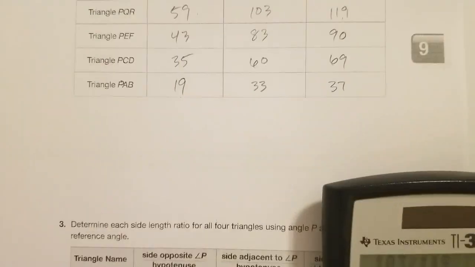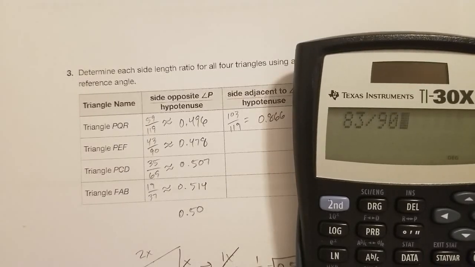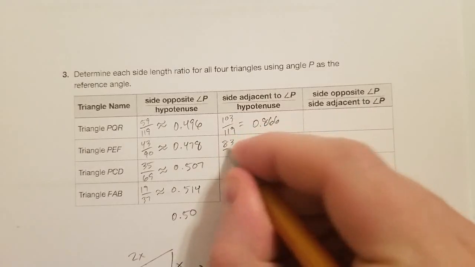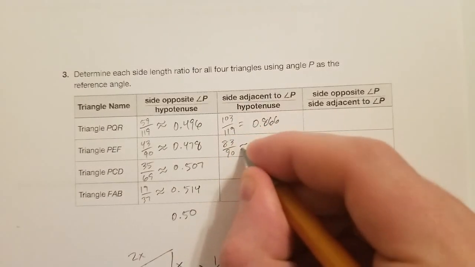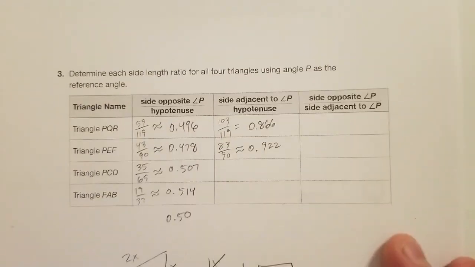And then the next one is 83 over 90. 0.922. And then the next one is 60 over 69.